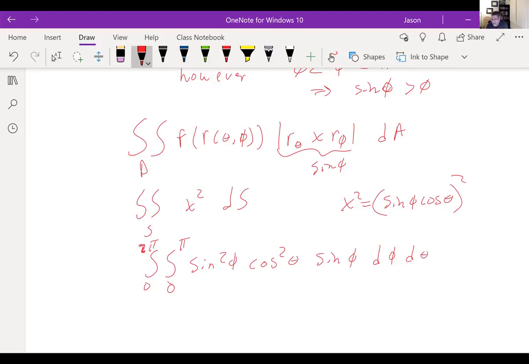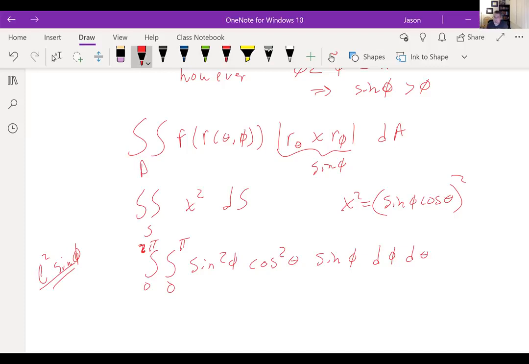This helps to see where that integration factor came from. Remember when we integrate with respect to spherical coordinates, we have that integration factor of rho squared sine phi, and we're like, where the hell did that come from? Well, this is where it comes from. Our rho in this case is 1.